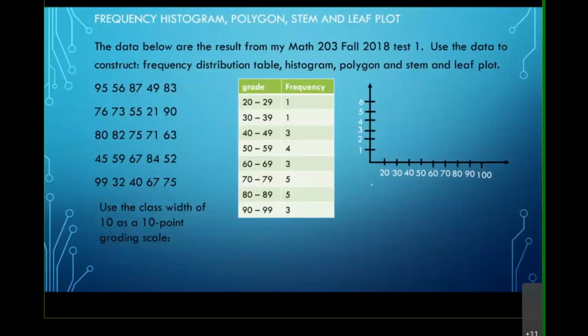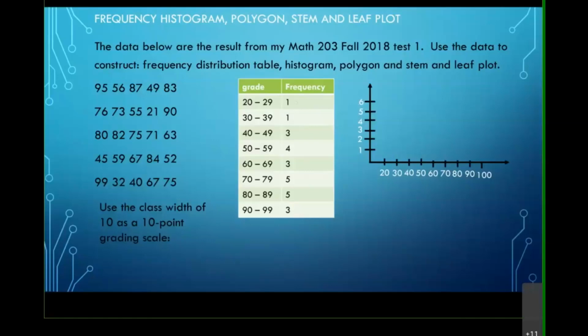Now, one thing about a histogram, ladies and gentlemen, your histogram and your polygon: the vertical item is your frequency. Your vertical item can only be your frequency.